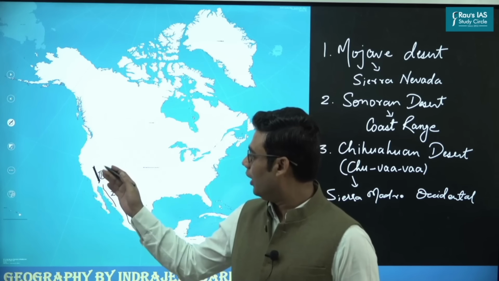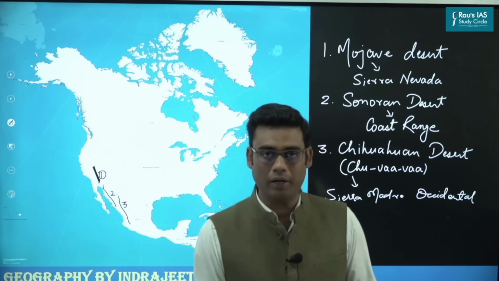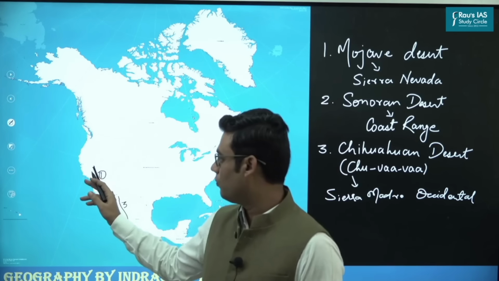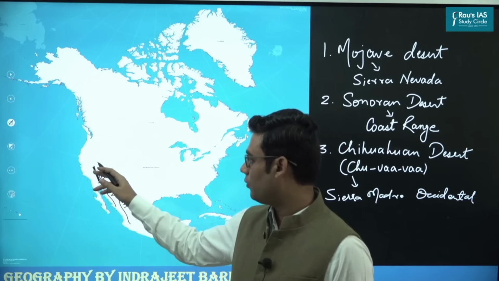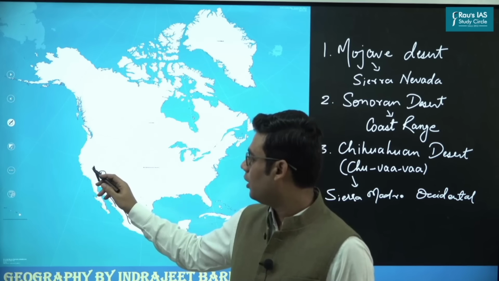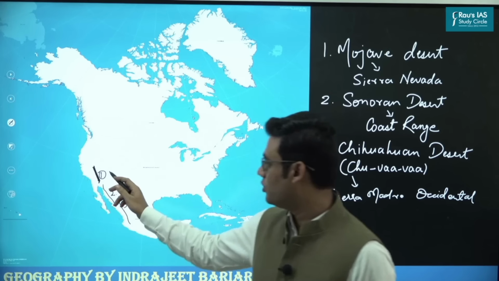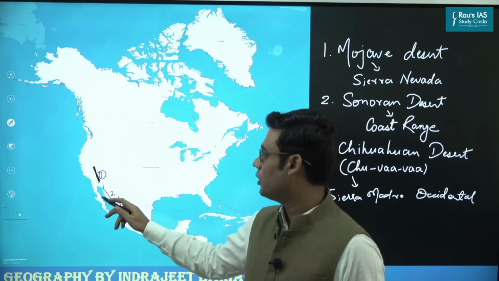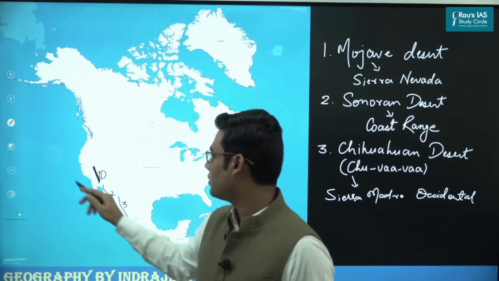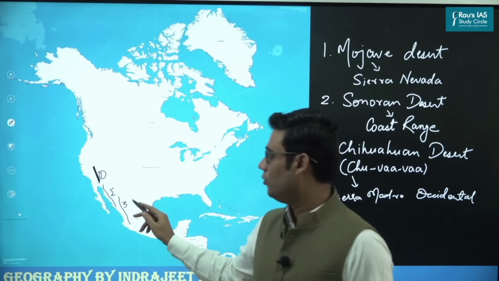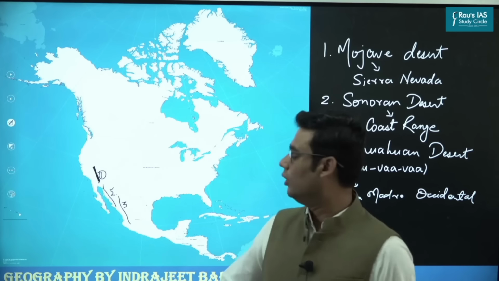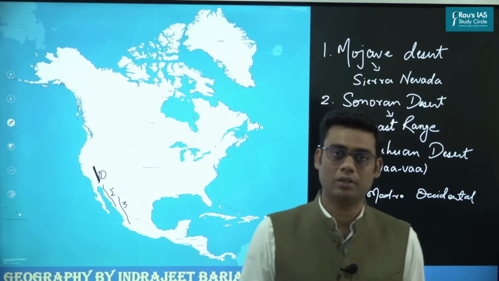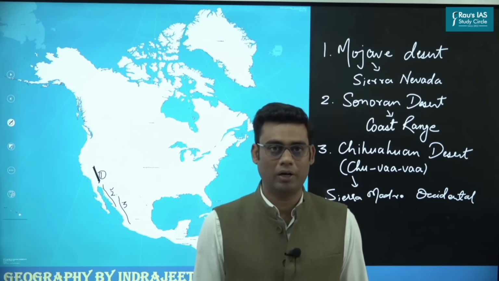So related to climate, the three important arid regions or desert regions of North America are: the rain shadow side of the Sierra Nevada, which becomes the Mojave Desert; the rain shadow side of the Coast Range, called the Sonoran Desert; and the rain shadow side of Sierra Madre Occidental, which is the Chihuahua Desert, the largest desert of North America.